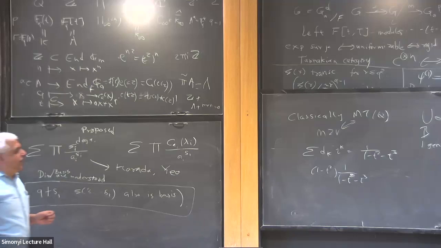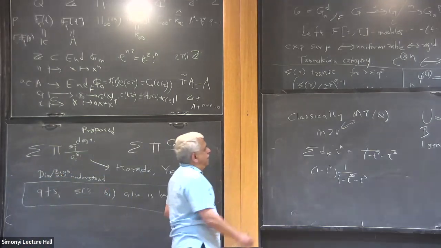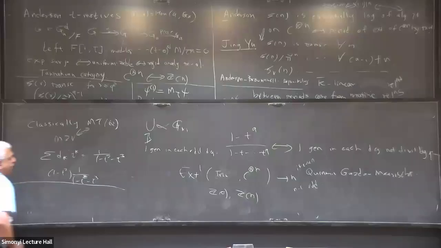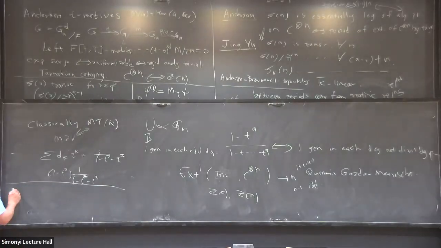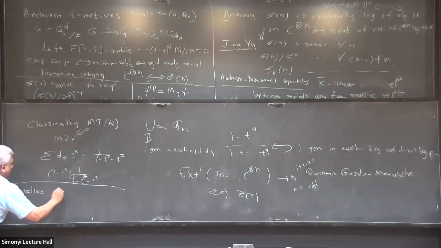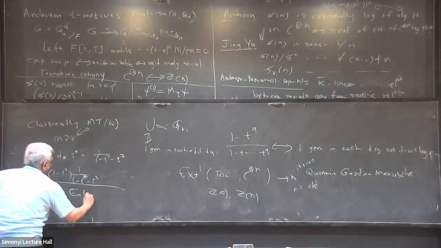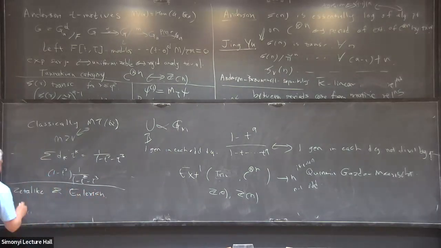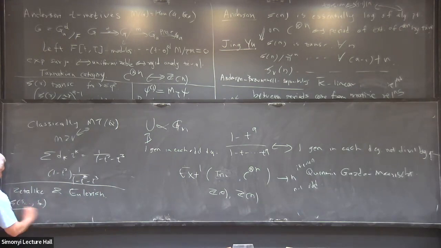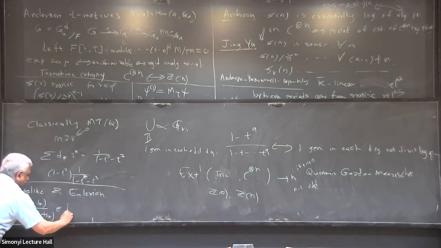For higher genus, I defined two things called zeta-like and Eulerian. A multi-zeta value zeta(s1, ..., sk) is zeta-like if the ratio with the single zeta of the same weight is algebraic or rational.